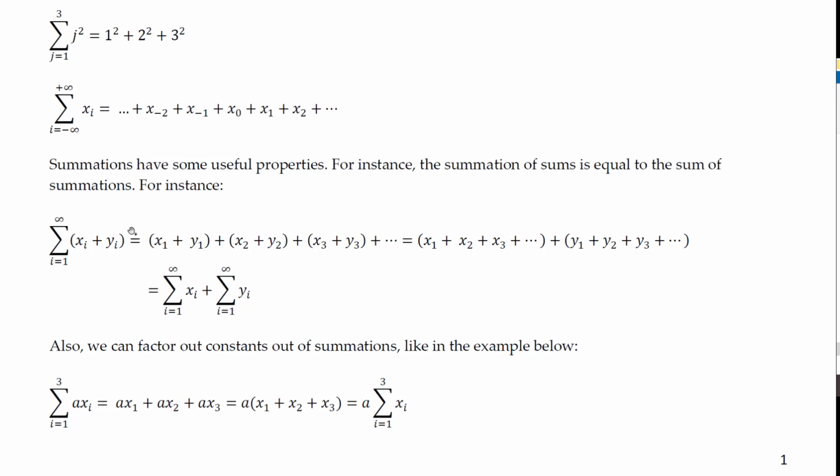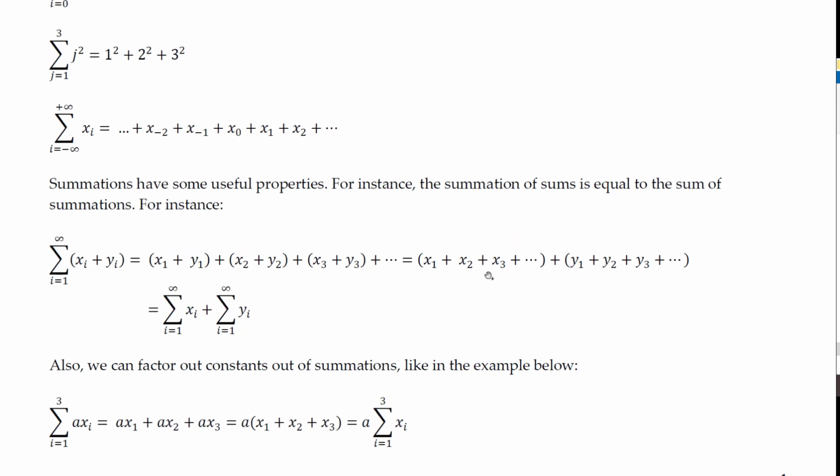So again, I repeat the expression as many times as necessary, and so on, because it goes to infinity, and the i is changing from 1 to 2 to 3, etc. But because of the laws of addition, it doesn't matter the order in which I add, so I'm going to group all the x's together, and I'm going to group all the y's together. This can be represented by this summation here, because of the definition of summations, and the second part can be represented by that. So this sum is just this sum.